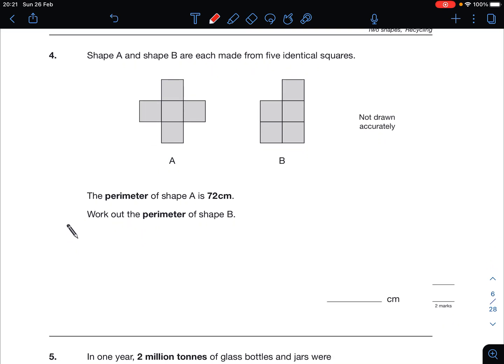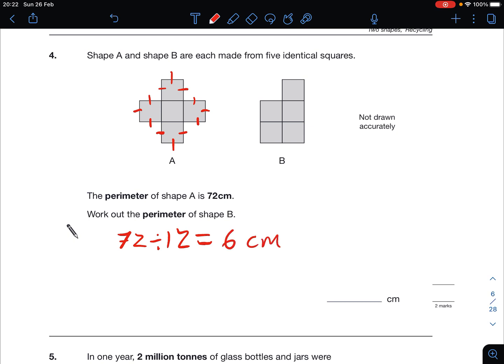Shape A and B are made from 5 identical squares. The perimeter of shape A is 72. We'll work out the perimeter of shape B. So what I'm going to think is 1, 2, 3, 4, 5, 6, 7, 8, 9, 10, 11, 12 sides. So I'm doing 72 divided by 12 to figure out how long each single square is. And 72 divided by 12 is 6 centimetres.